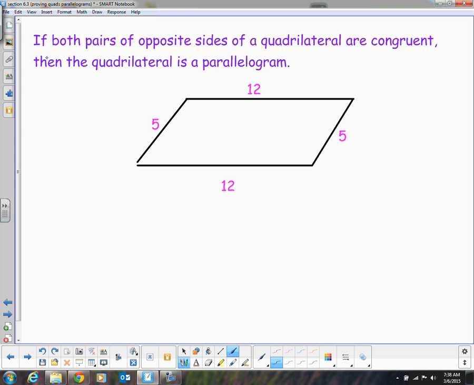Okay. If both pairs of opposite sides are congruent, okay? If both pairs of opposite sides are congruent, we're no longer parallel, we're what? Congruent. Then the quadrilateral is a parallelogram. We know this is 12, we know this is 12, we know that's 5, and we know that's 5. So, does that meet this criteria? Yes?